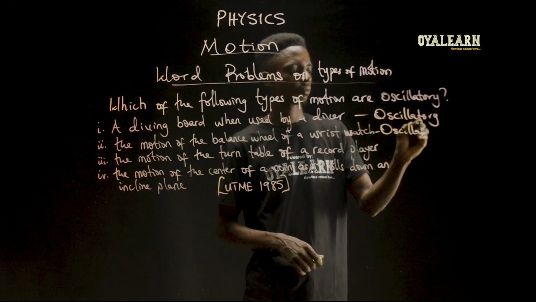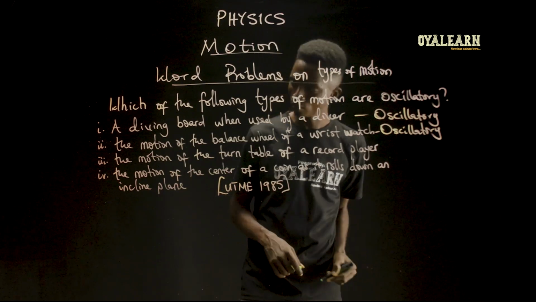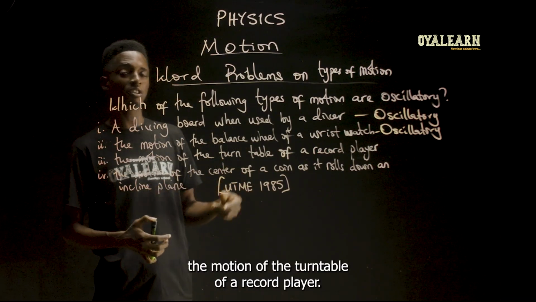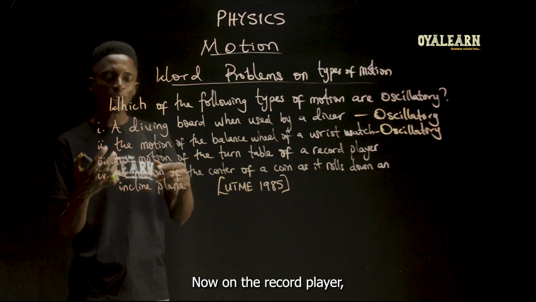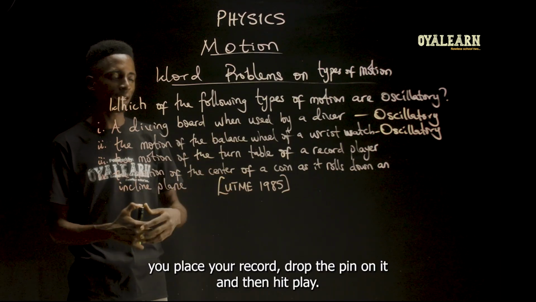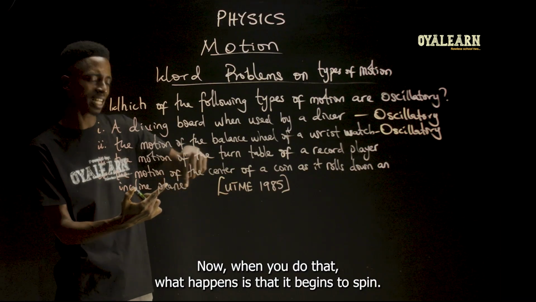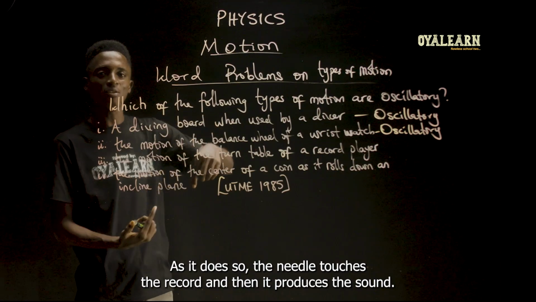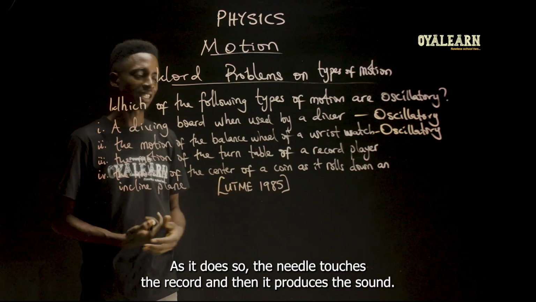The third one says the motion of the turntable of a record player. On a record player, you place your record, drop the pin on it, and hit play. When you do that, it begins to spin. As it does so, the needle touches the record and produces the sound.